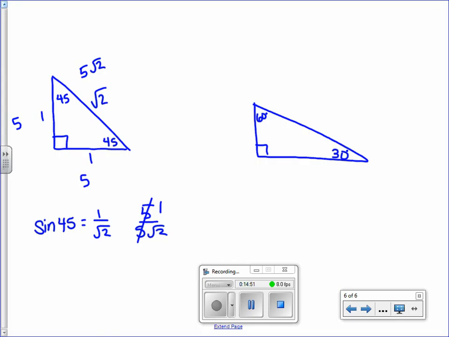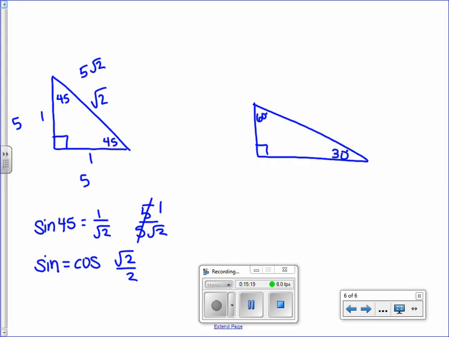Okay? So for sine and cosine, cosine of 45 degrees is going to be the exact same thing, and it's going to be square root of 2 over 2. You've got a rationalized denominator.